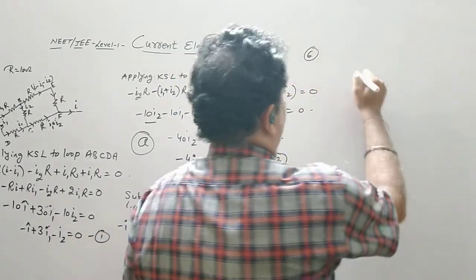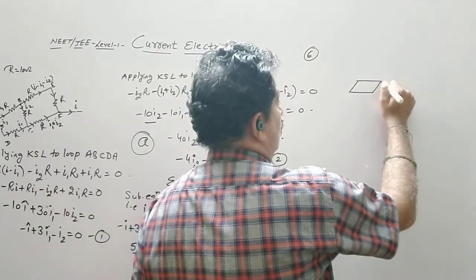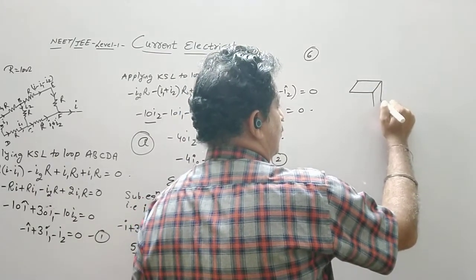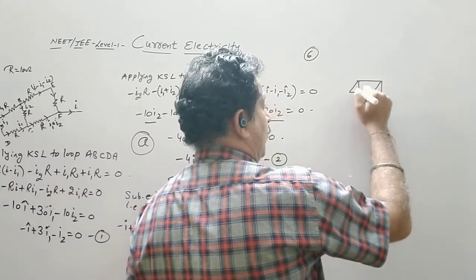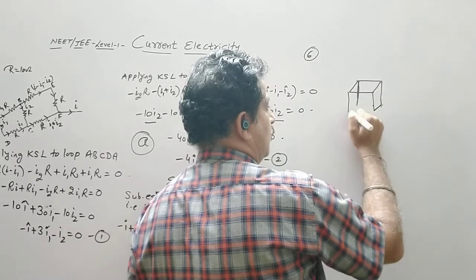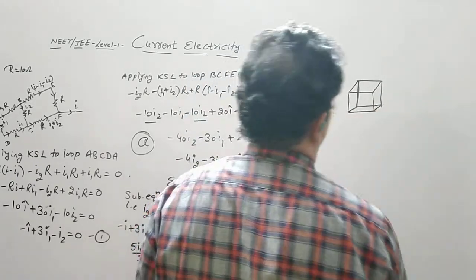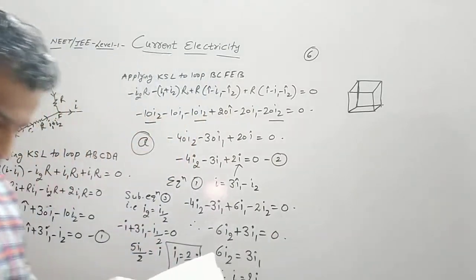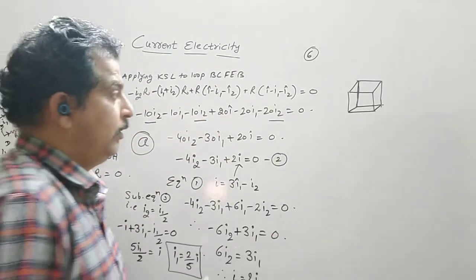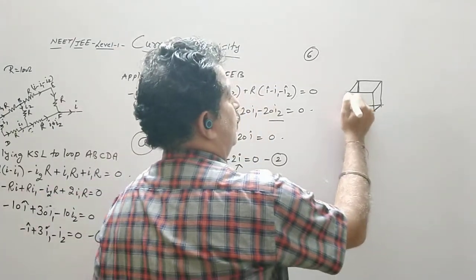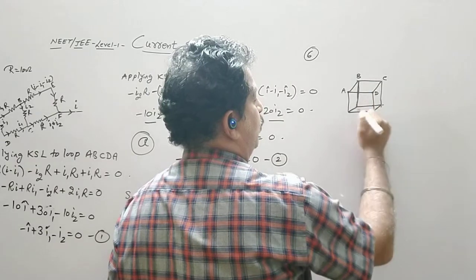So again we have a cube. The resistance of each side is R. So 12 equal wires, each of resistance R. We have to find out the equivalent resistance between the two diagonals.